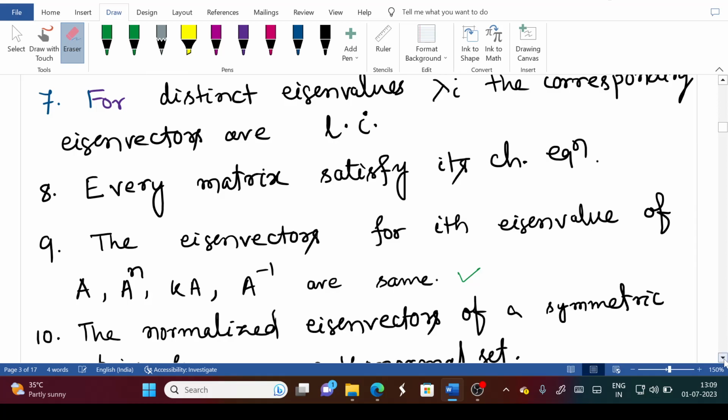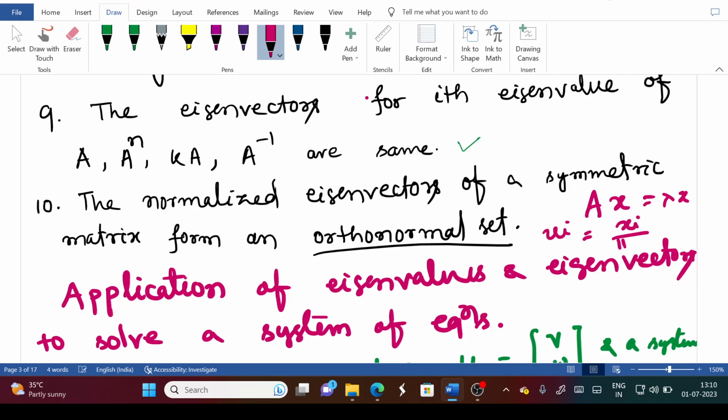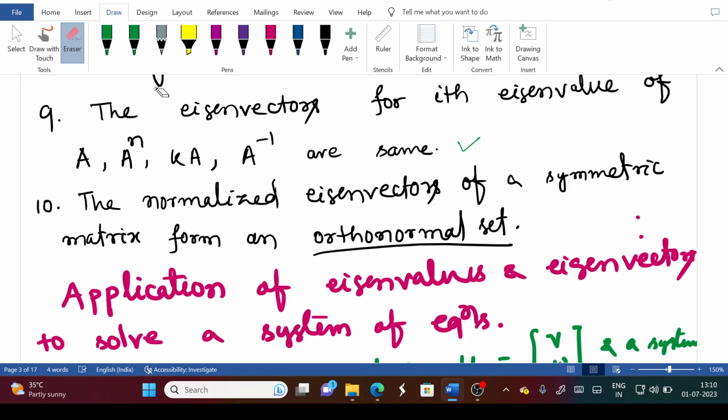Next property is, if A is a symmetric matrix and x is its eigenvector, then the vectors ui equal to xi divided by norm of xi are called normalized eigenvectors. All such vectors will form an orthonormal set of eigenvectors. That means if they are written as columns of a matrix, then that matrix is an orthogonal matrix or unitary matrix.